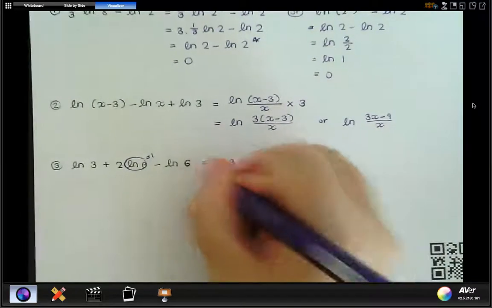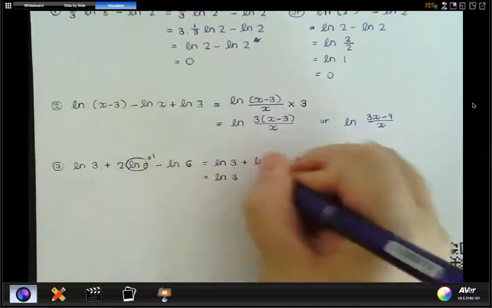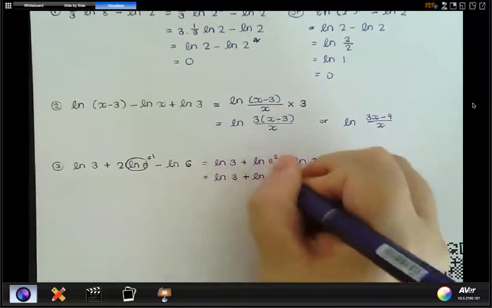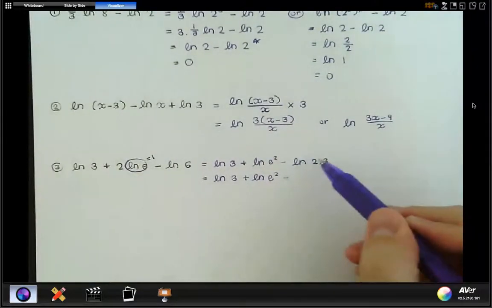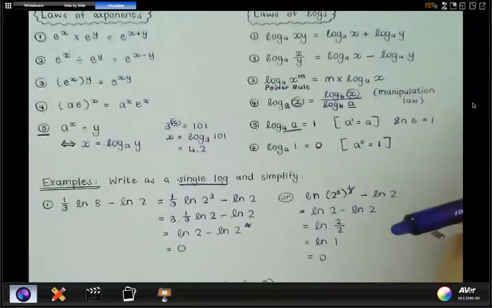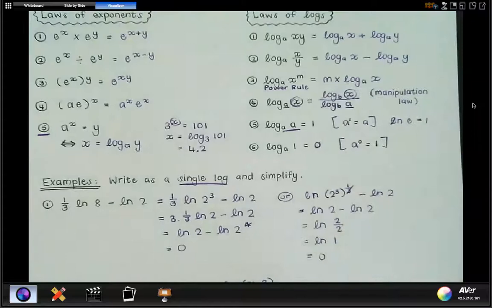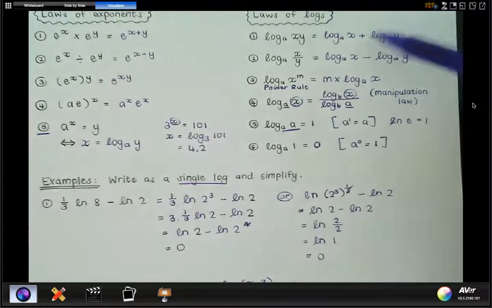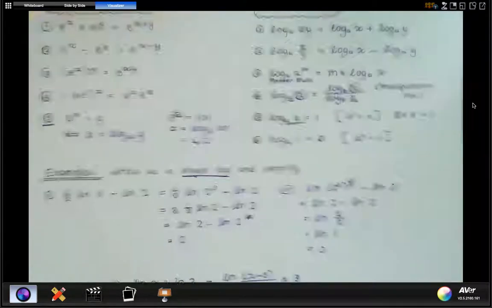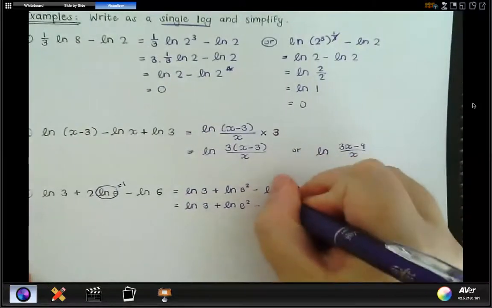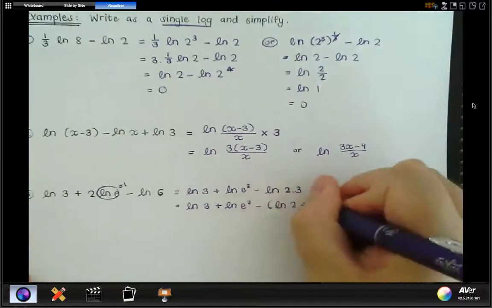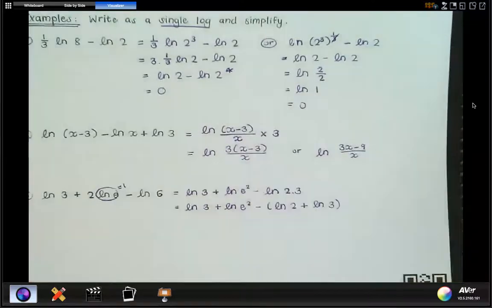So we're going to have ln of 3 plus ln of e squared minus, now remember, ln of 2 times ln of 3, we can change to the sum, right? So we can do this in brackets: ln of 2 plus ln of 3, right?